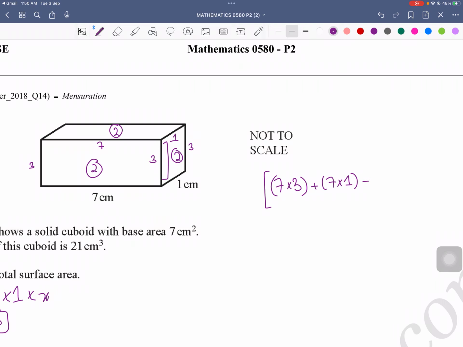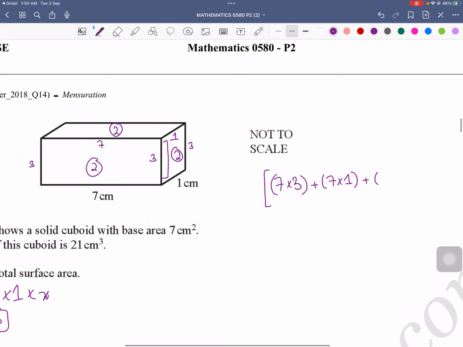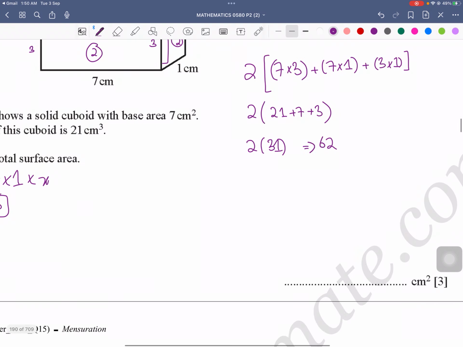And then the area of the side face is 3 times 1. And because there are 2 of each of them, we multiply by 2. So this is 21 plus 7 plus 3, which becomes 31. Once you multiply by 2, this becomes 62.